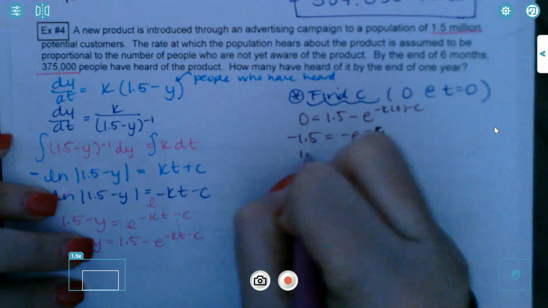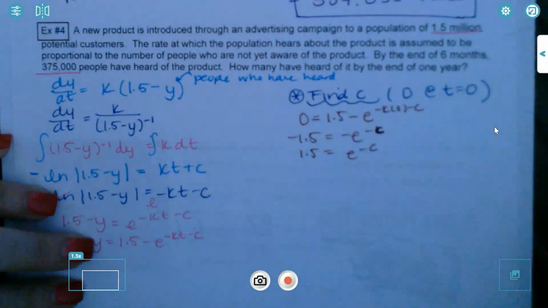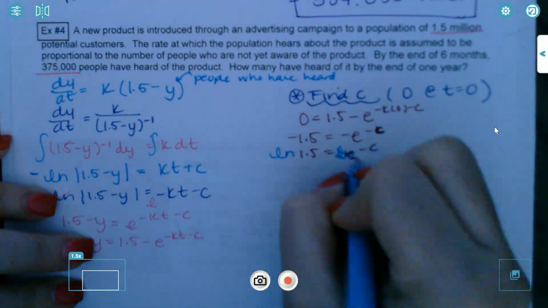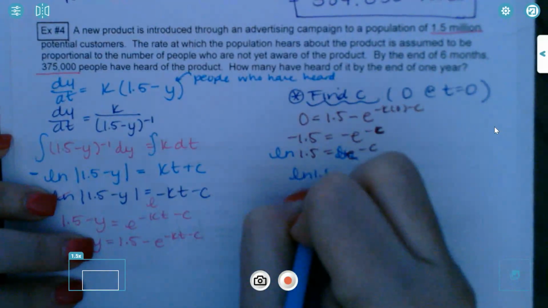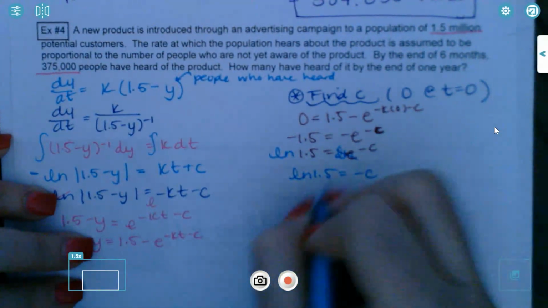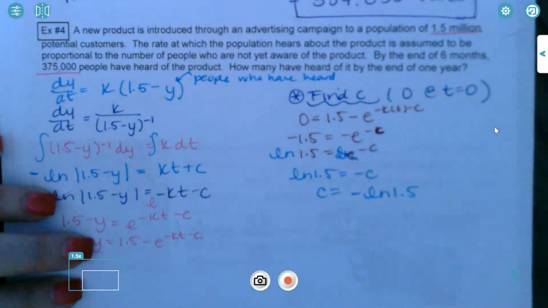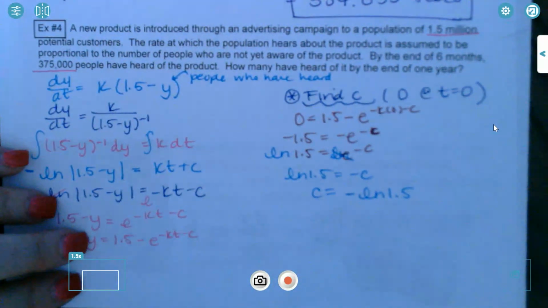Change my negatives, so I've just got 1.5 equals e to the negative c, and then apply the ln. So the ln of 1.5 equals negative c. Therefore, our c is going to be the negative ln of 1.5.